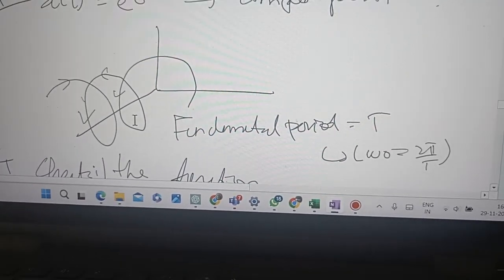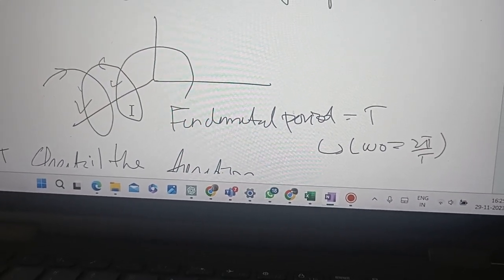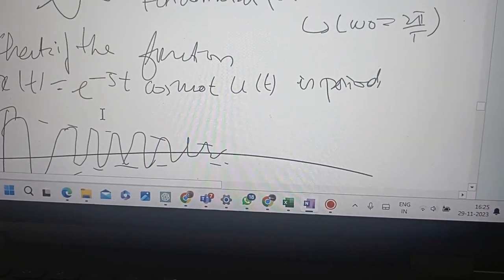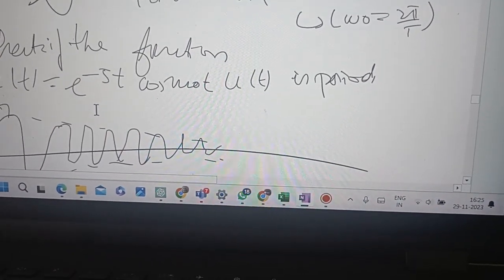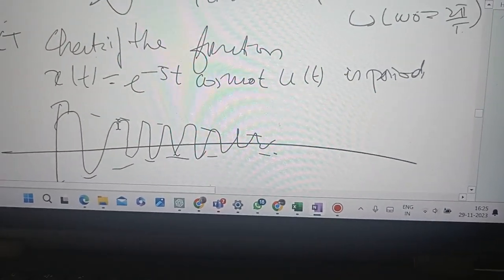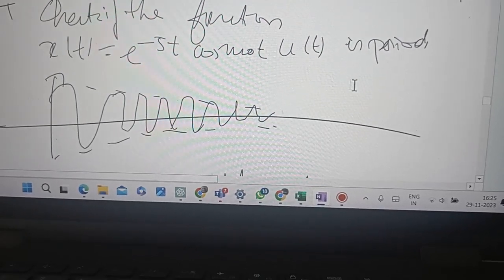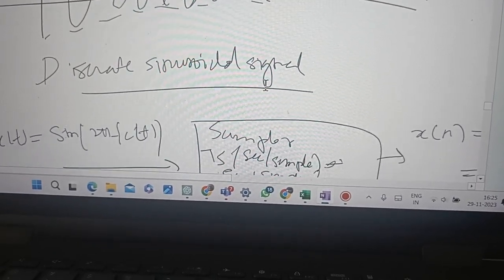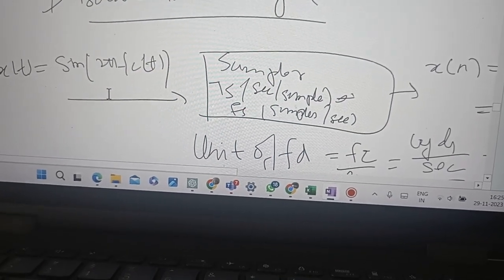Its fundamental period is T = 2π/ω0. Now check if the function x(t) = e^(-5t) u(t) is periodic. Next, a discrete sinusoidal signal obtained from x(t) = sin(2π f_c t).